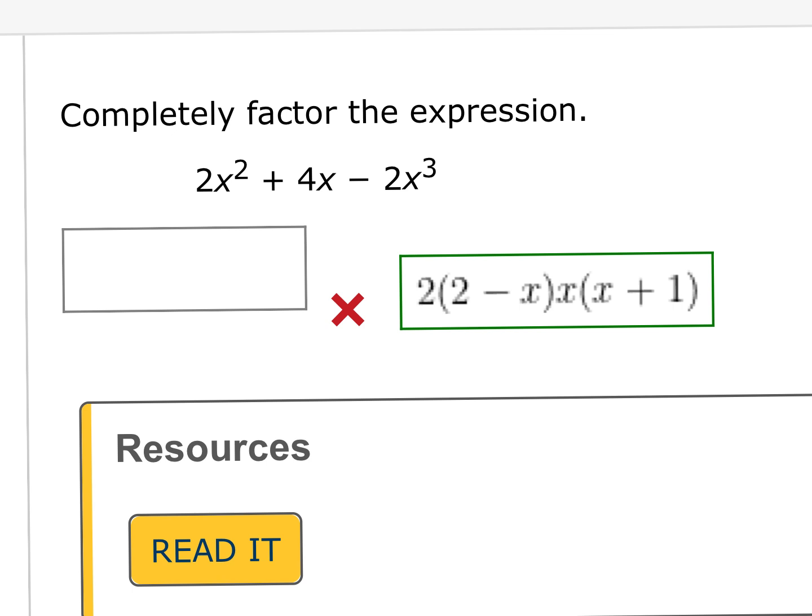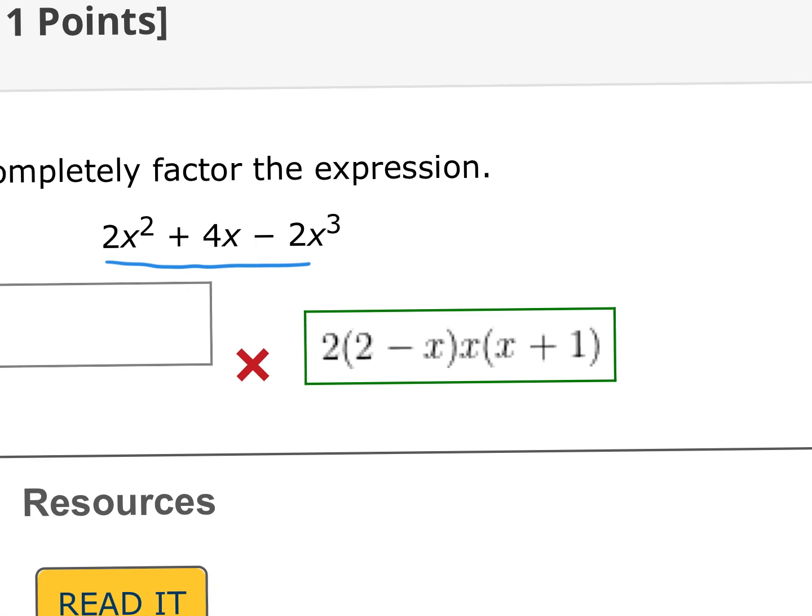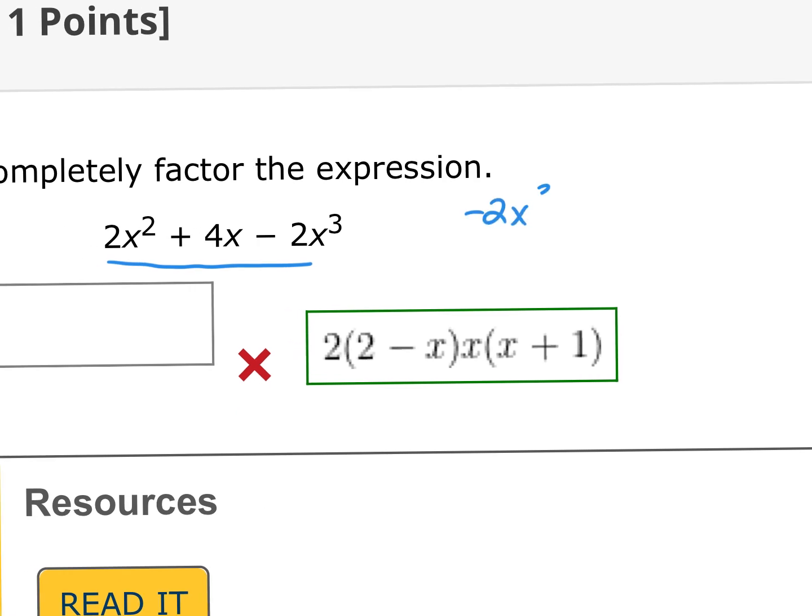There's a bunch of different ways to write answers. I always tell you guys to factor out the negative first. That's the most simplified way to do it, and that's the easiest way to do it. But if you had a problem like this, it says completely factor. What's the first thing I would suggest that you do? Rewrite it. I'm going to rewrite this in standard form. So it's negative 2x cubed plus 2x squared plus 4x, right?